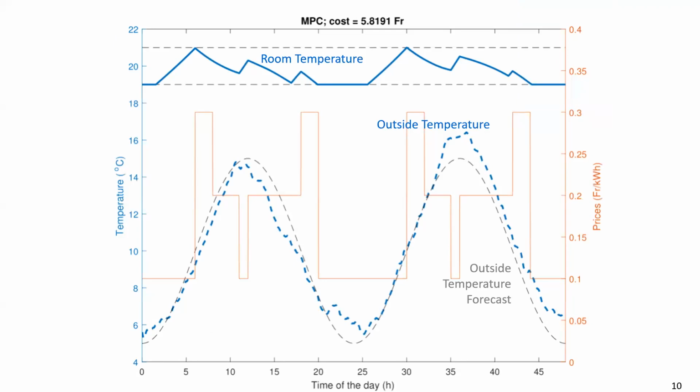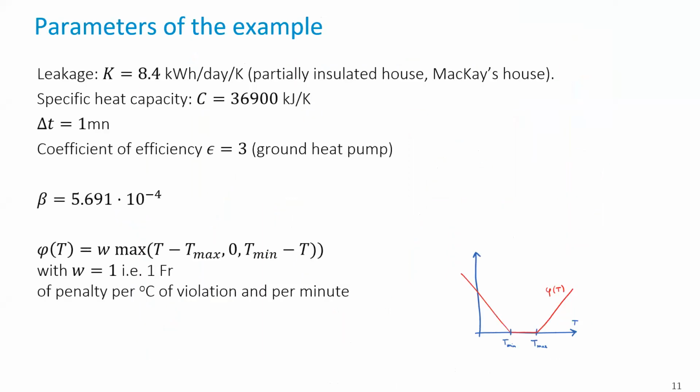This is a result of the simulation of exactly this house. So the parameters are given here. They are taken from exactly a concrete example. So those are the values you find. The heat pump has a large coefficient of efficiency, which means it's not an air heat pump, but probably it has a ground sensor.